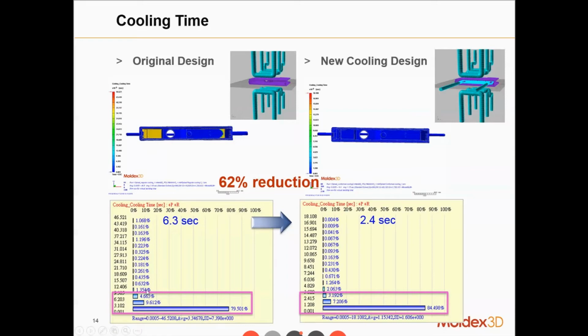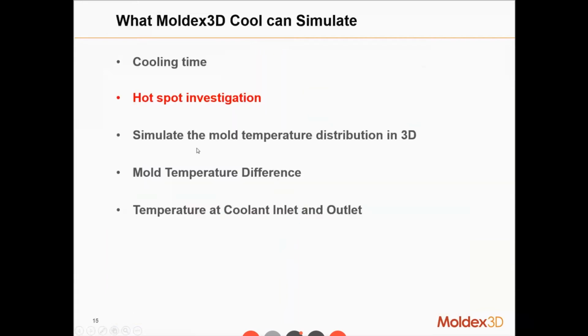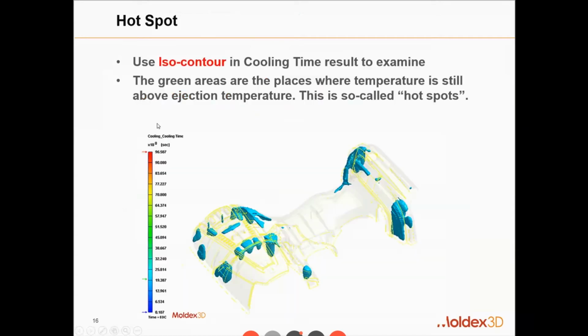Okay, so when you click on the cooling time result, you can see the time it requires for each area of the part to cool down to the injection temperature. Now, here 90% of the part needs this long to reach injection temperature, but on the other hand, in this new cooling design, only 2.4 seconds is needed.